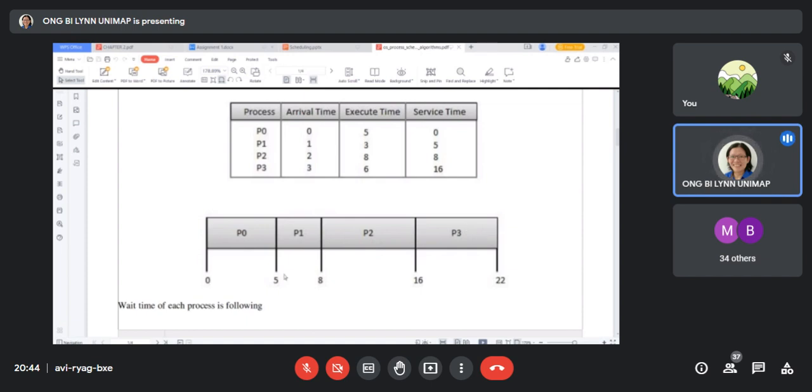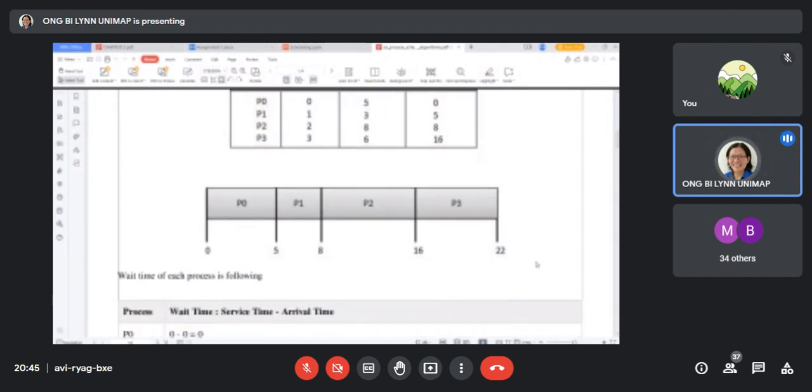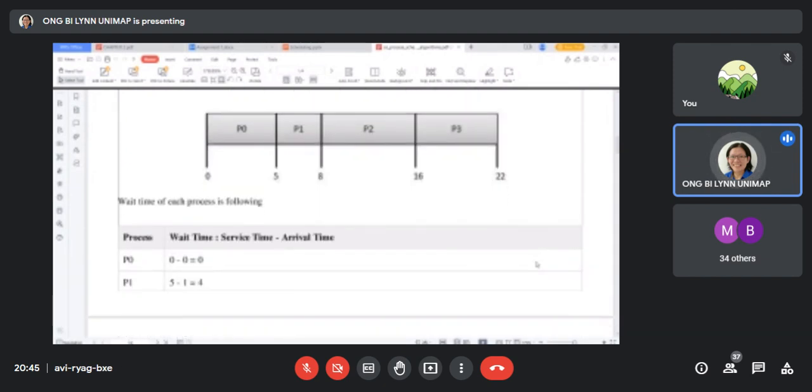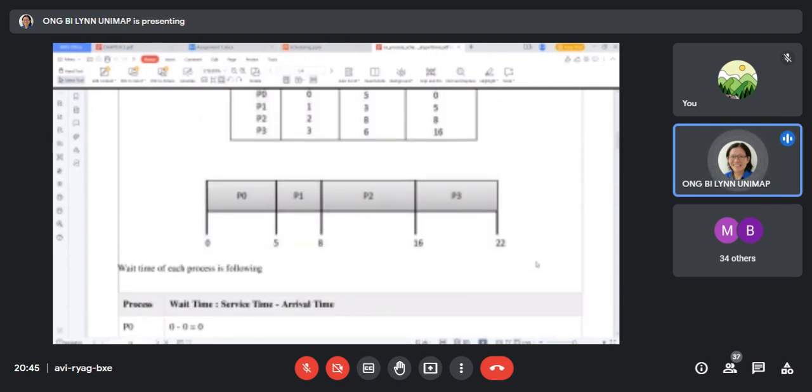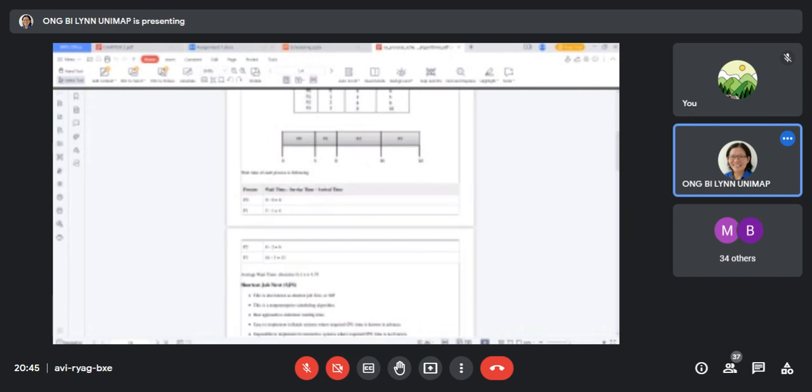So the service time will be 5 plus 3 equals 8, plus 8 equals 16, plus another 6 equals 22. So the slide gives you the explanation of calculating the waiting time.